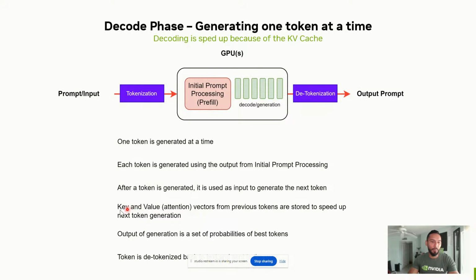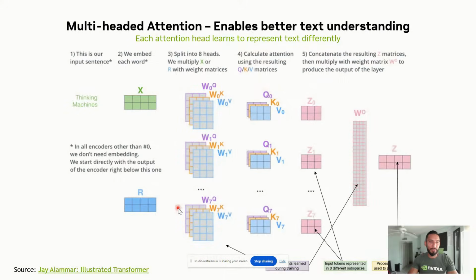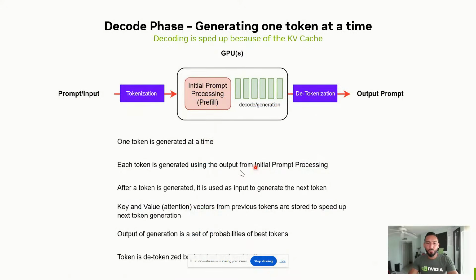From there, I'm going to use these key and value matrices. These key and value, after I did this matrix multiply, I'm going to use those, and that's what's actually stored on a GPU. You'll see another view of it coming up soon. Once it has all of the tokens, it'll generate a probability mapping against your vocabulary and say, I don't know, these top 5 tokens are the most probable, and then it'll choose.